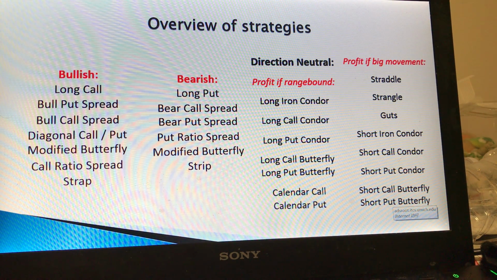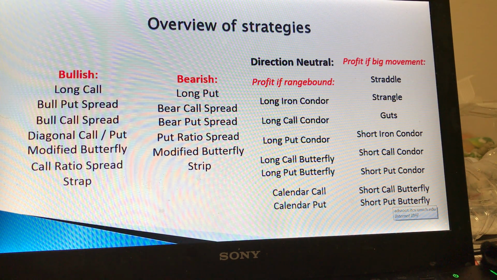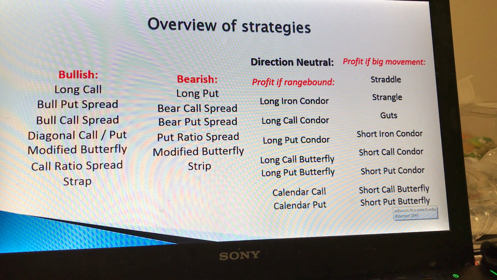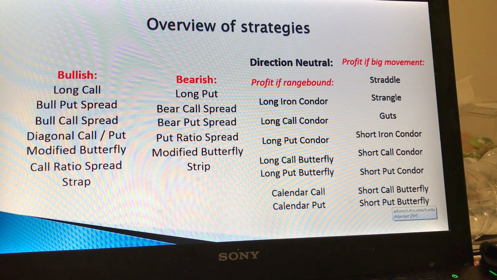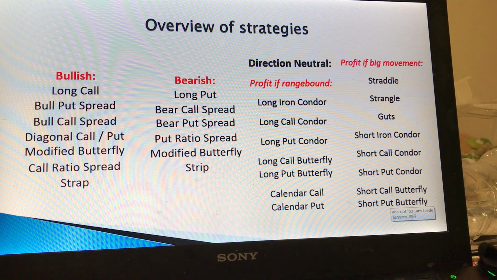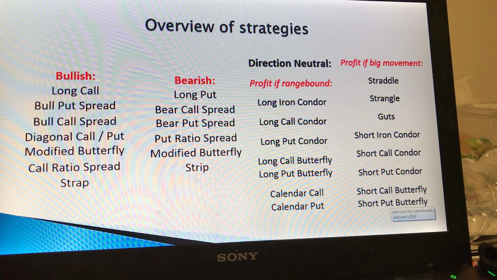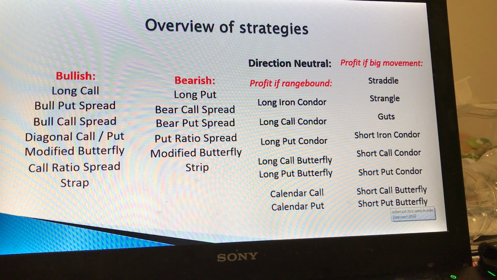For example, if you are going through earnings, you definitely want less exposure to volatility risk and time decay risk. So we may want to consider the guts, which has both an in-the-money call and put, so they have less volatility premium and time value.